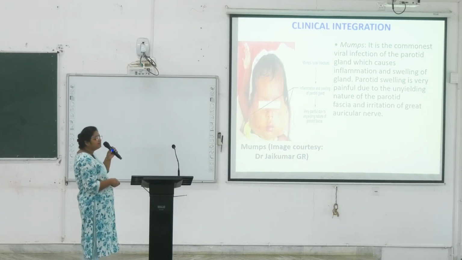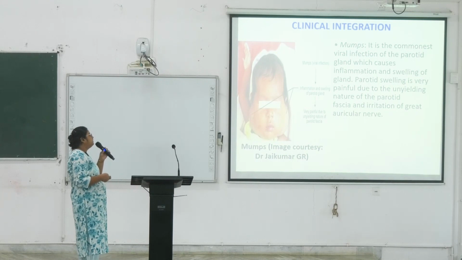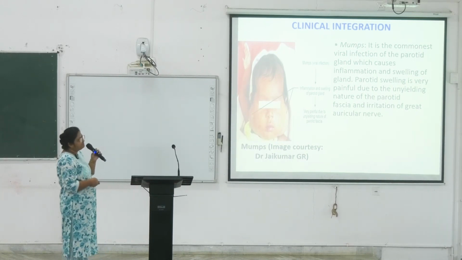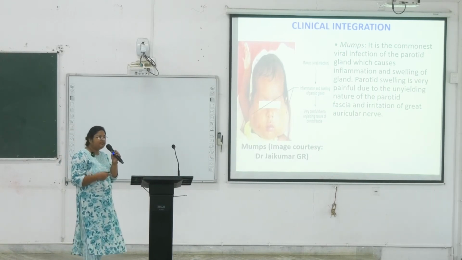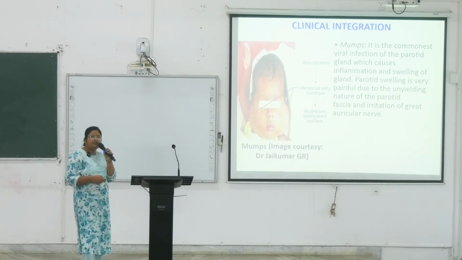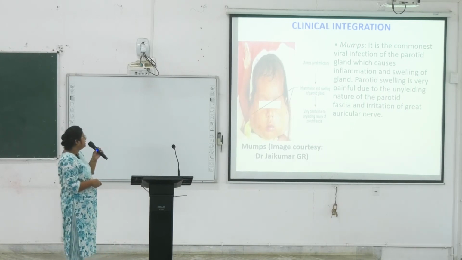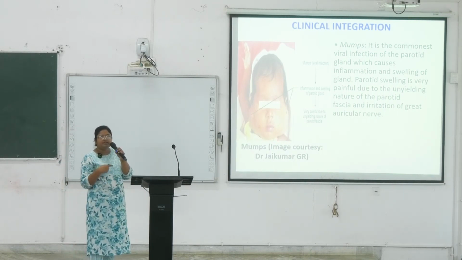It generally occurs in children. Okay, it is a tough fossa, as we have discussed, and irritation of the great auricular nerve occurs due to this swelling and inflammation. So this is also an important clinical aspect, mumps.